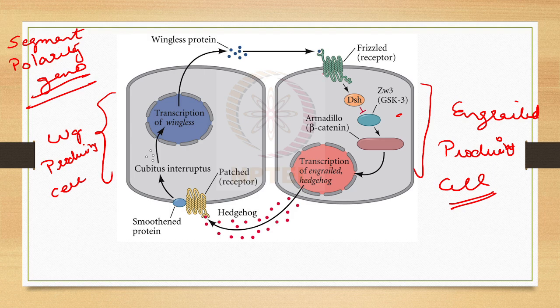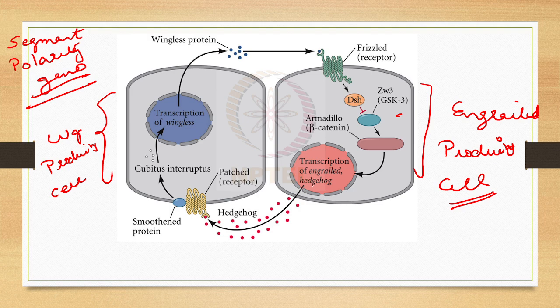Then the downstream processing takes place and there is transcription of engrailed and hedgehog both. So this is an engrailed producing cell and it also produces hedgehog.